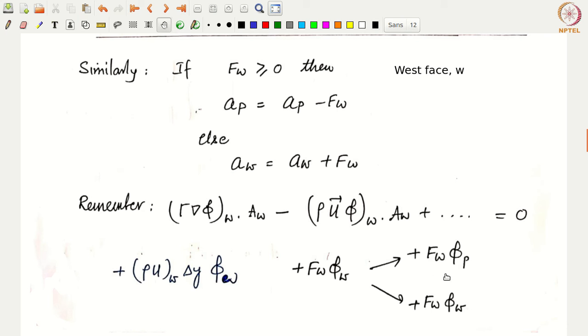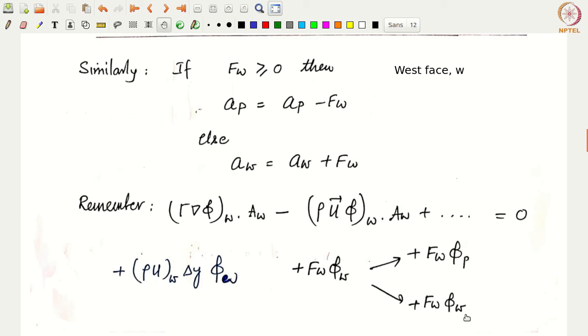I think it has to be FW phi W, isn't it? Because you have west, P and east. If FW is positive, then it has to be FW phi W, and if FW is negative, then it has to be FW phi P, right? It has to be FW phi P if FW is negative. Is that correct?